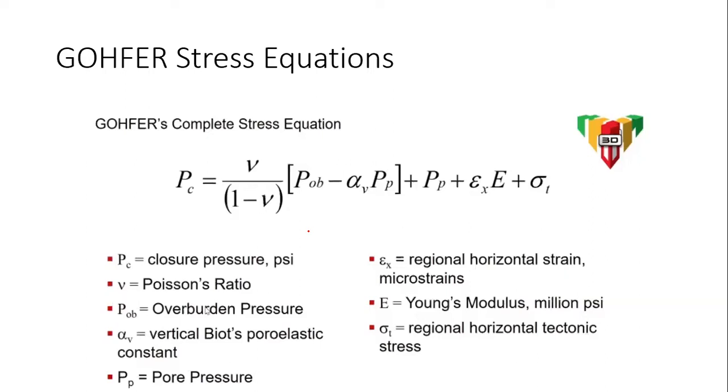Based on the Young's modulus, the Poisson ratio, the vertical principal stress and the reservoir pressure, it calculates the minimum horizontal stress using this equation. So you need to make sure that the calculated Young's modulus, Poisson ratio and pore pressure are correct, and based on the accuracy of your data, it will calculate your closure pressure or minimum horizontal stress.